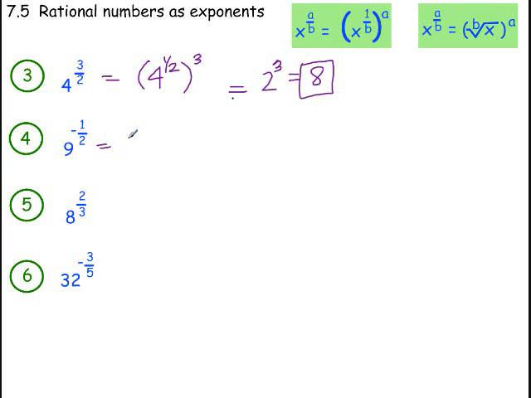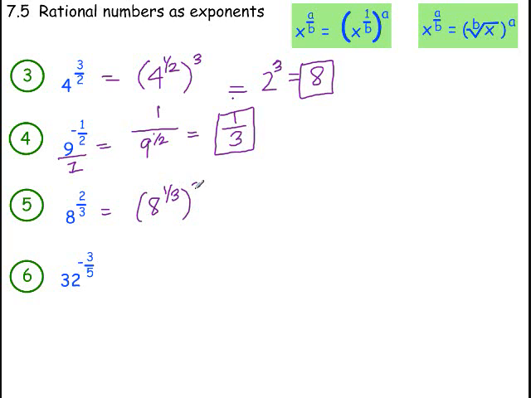Let's try this one. This one we have the added complication. We have to move this to the denominator. 9 to the 1/2. And we know the square root of 9 is 3.